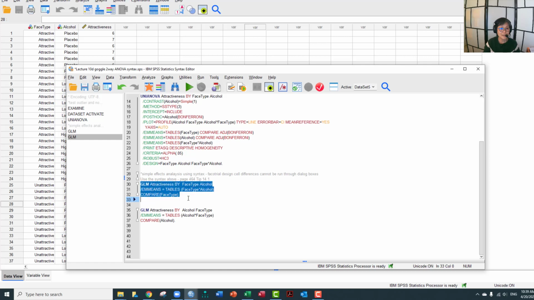So the first syntax: GLM attractiveness by face type alcohol, then using estimated marginal means, face type alcohol. We are directly asking it to run the table to look at attractiveness, the cell differences, and then compare, starting with the face type.